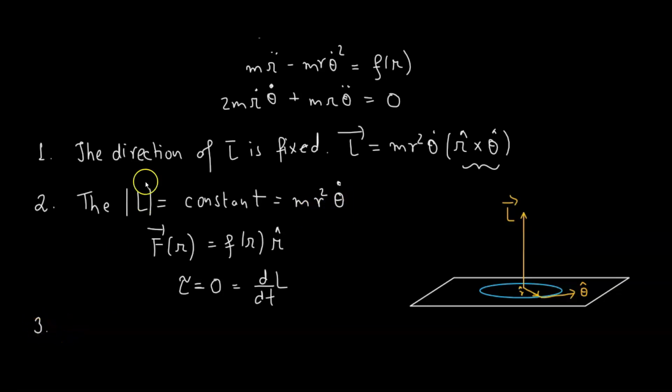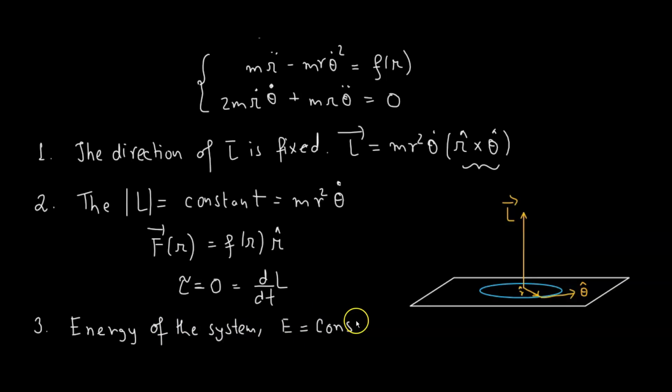Then to find the solution to this differential equation, we have to introduce another fact, that the total energy of the system, which is E, is going to be a constant. Now together, these two constants, the angular momentum L and the total energy E, are referred to as the integral of motion.